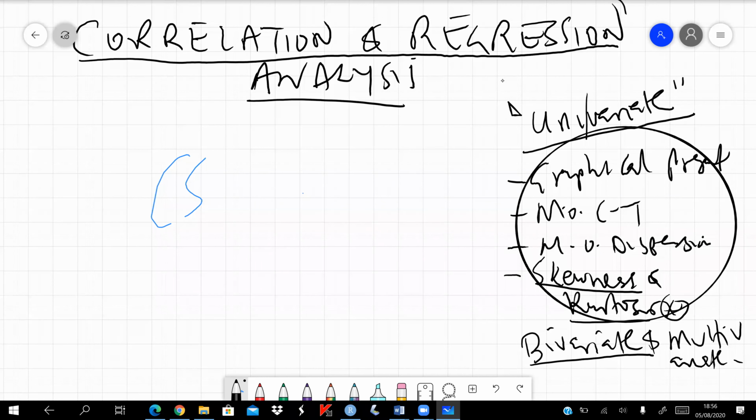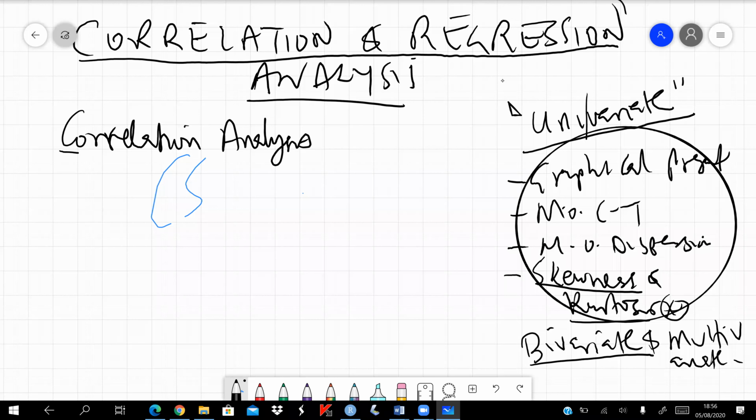So we supplement them with bivariate or multivariate methods of data analysis. Some of the most widely used methods of bivariate and multivariate analysis are correlation and regression analysis. We're going to start with correlation analysis.